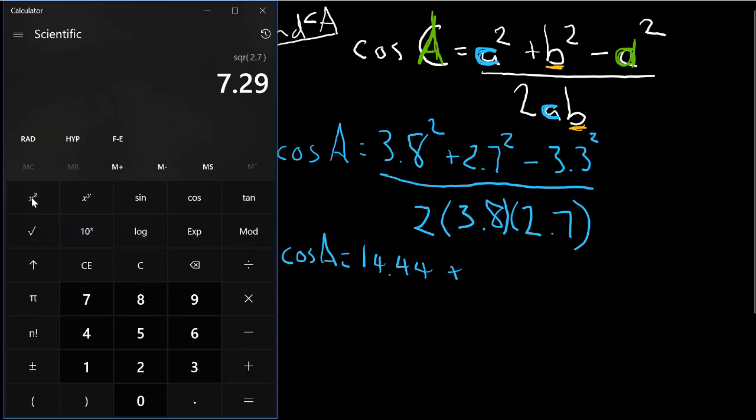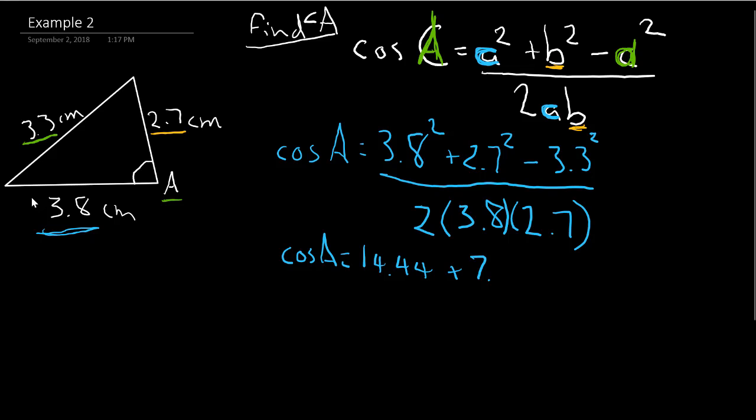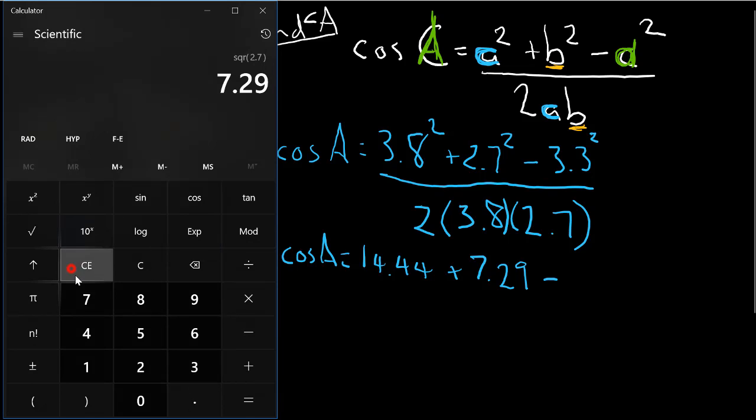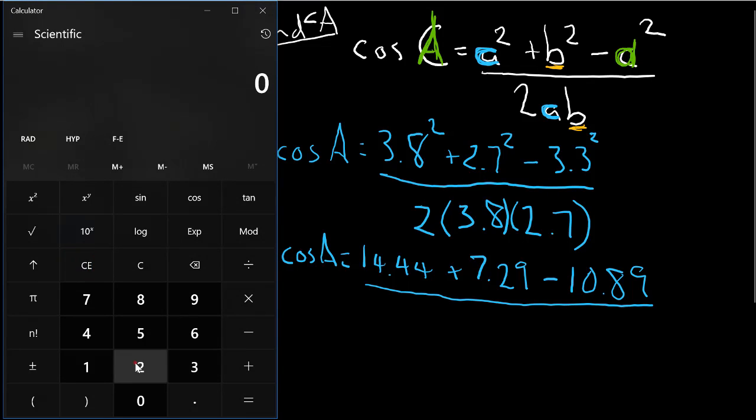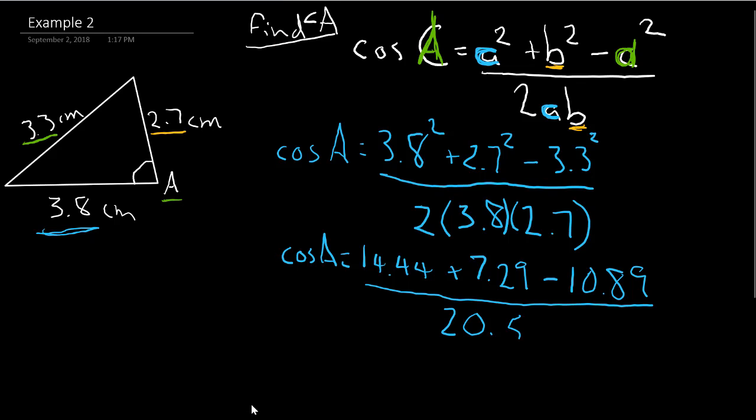So that's 7.29. So 7.29 minus 3.3 squared. So 3.3 squared, 10.89. All of that over, well, let's pull the calculator back out. Lots of calculations. 2 times 3.8 times 2.7. All over 20.52. All right.